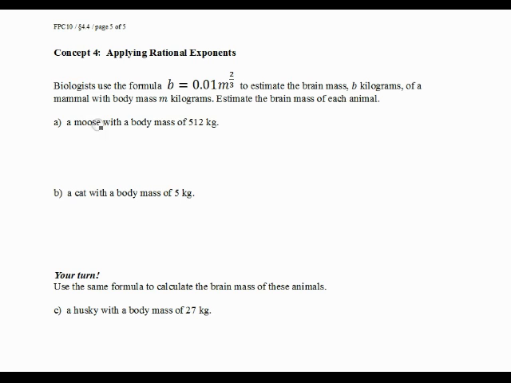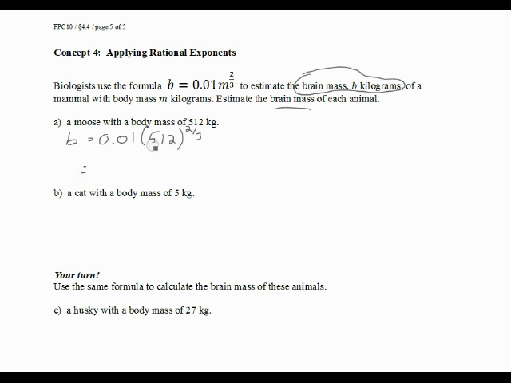So we are asked to find B because it says brain mass, and this tells us that brain mass is B and it's measured in kilograms. So B equals 0.01 times m, which is body mass, 512 to the 2 over 3.